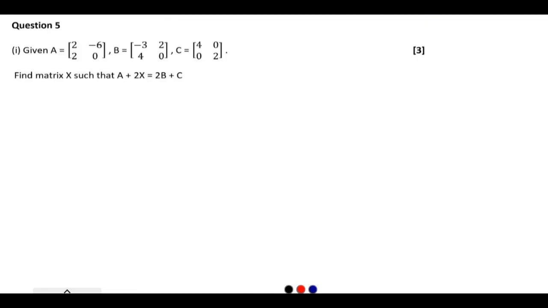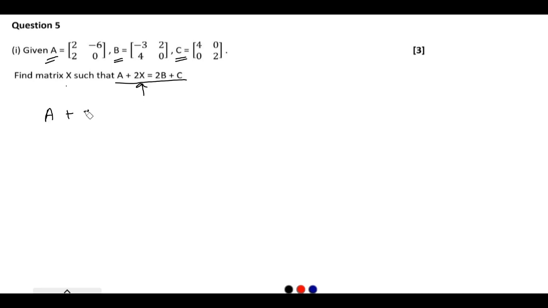Next question, question number 5, first part, it is from matrix. A, B and C matrices are given. Find matrix X such that A plus 2X is equal to 2B plus C. The matrix equation is given, and we have to find such X which will satisfy this equation.